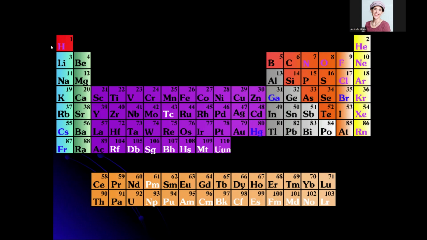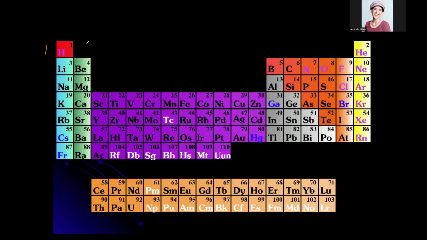periods. Each period, remember, represents an energy level. So we have energy level 1, 2, 3, 4, 5, 6, and 7. We know that we have sublevels.